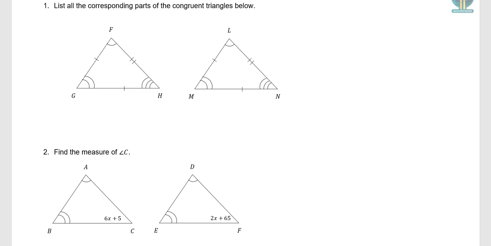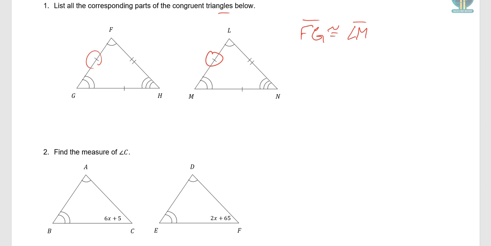Okay, so list all the corresponding parts of the congruent triangles below. So we are given that the two triangles are congruent, and we can clearly see by the symbols of each of the corresponding segments, right, or angles. So clearly segment FG is congruent to segment LM.